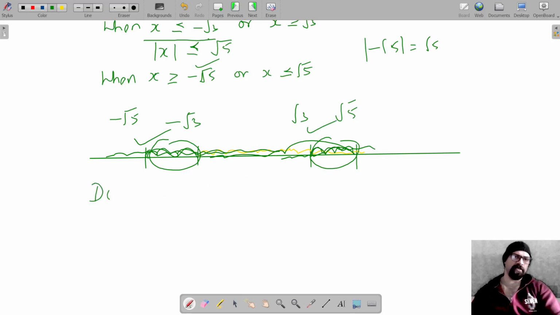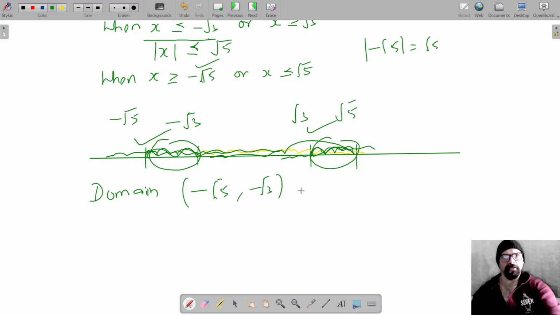So we can say that our domain here would be the union of the intervals -root 5 to negative root 3 and root 3 to root 5.